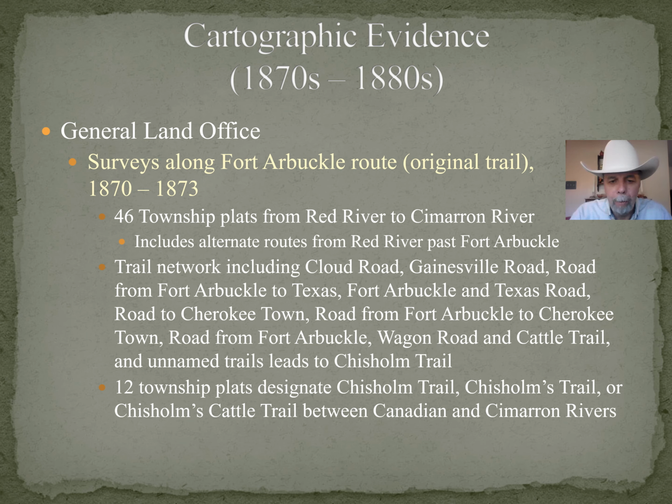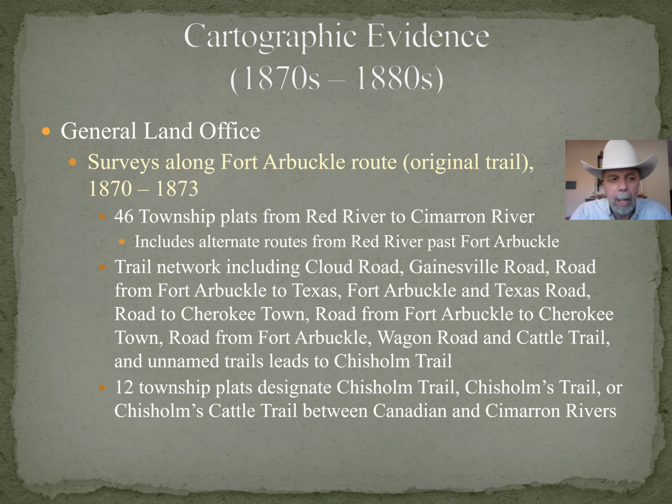We find 12 township plats that designate the Chisholm Trail, Chisholm's Trail, or Chisholm's Cattle Trail between the Canadian River and the Cimarron River. And these are all terms that were used by surveyors to designate this stretch of Jesse Chisholm's old trade route between his trading posts.